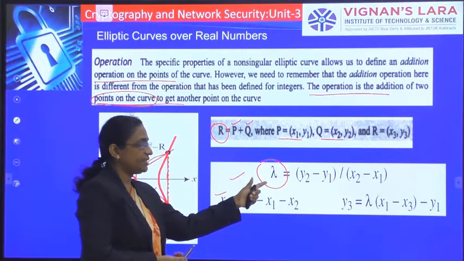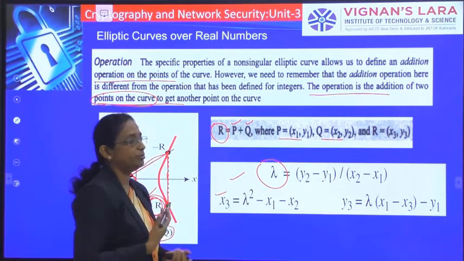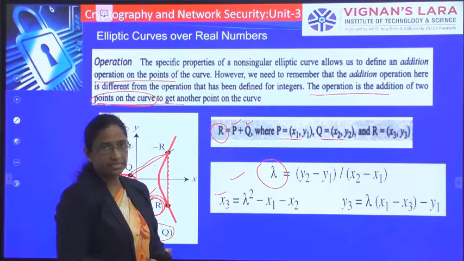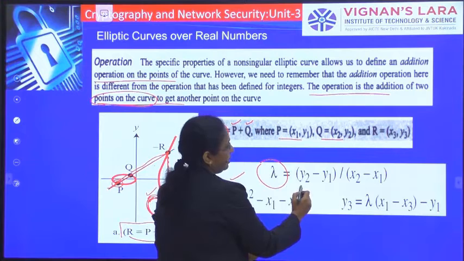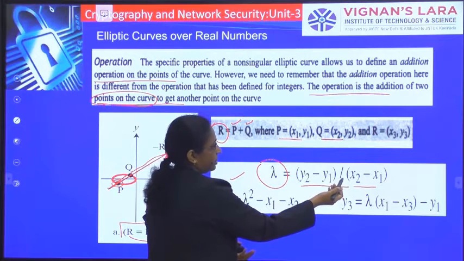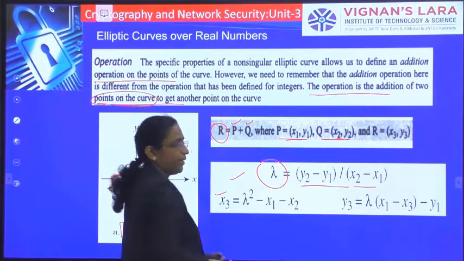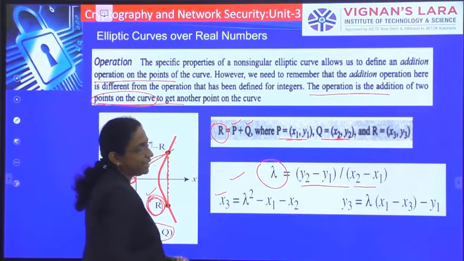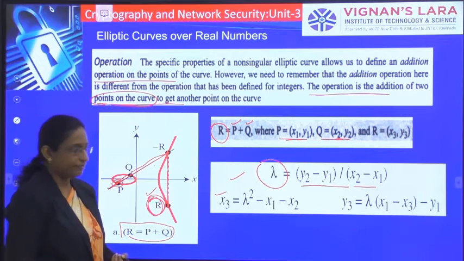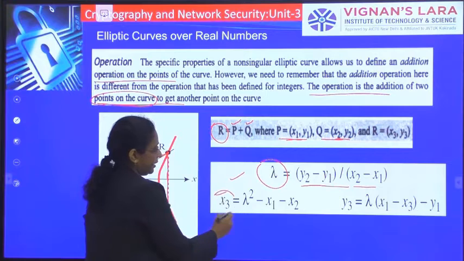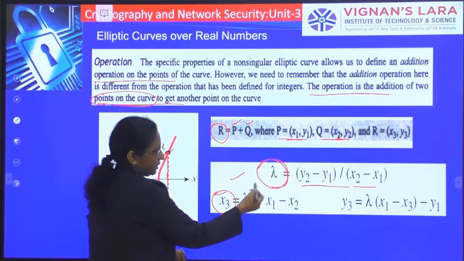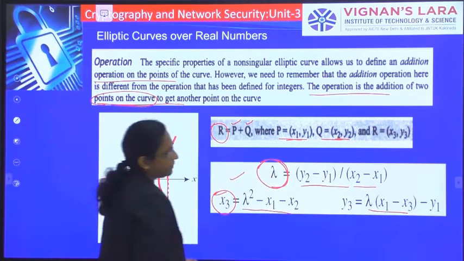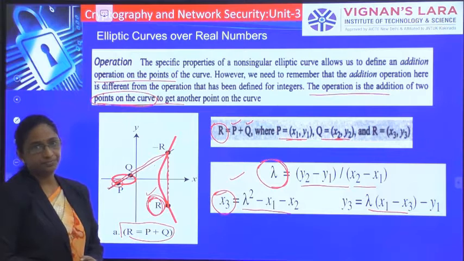The slope is given by lambda equal to, and already you know the formula for the slope of a line, (y2 minus y1) divided by (x2 minus x1), where x1 y1 and x2 y2 are the points P and Q. Then you get R. You can get the resultant R value by using x3 equal to lambda square minus x1 minus x2, and y3 equal to lambda times (x1 minus x3) minus y1.